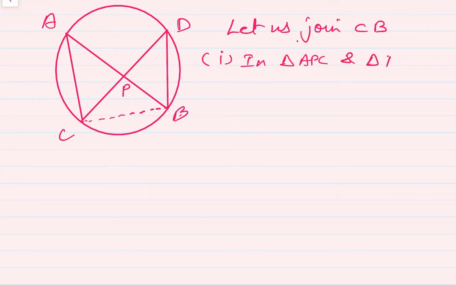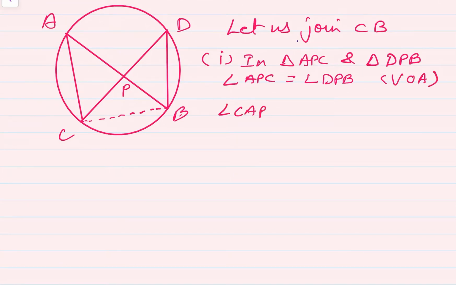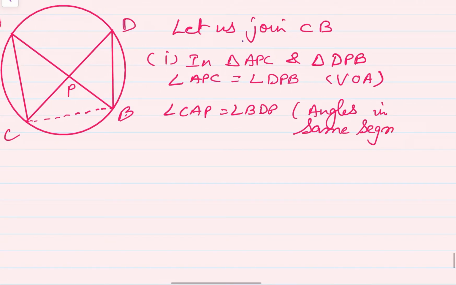Now first proof: in triangle APC and triangle DPB, angle APC is equal to angle DPB, vertically opposite angles. Then angle CAP is equal to angle BDP, angles in same segment of chord CB.